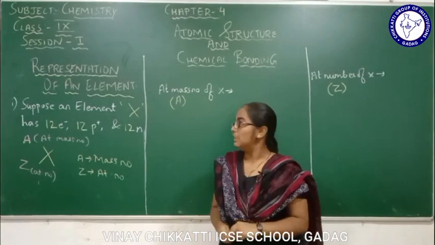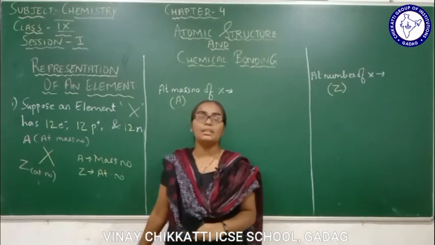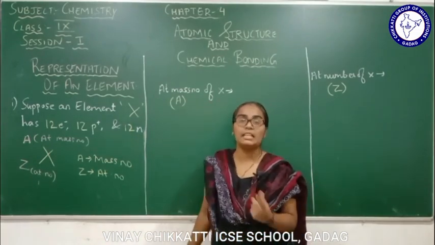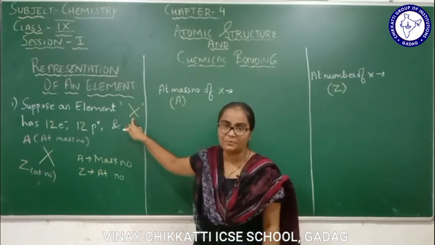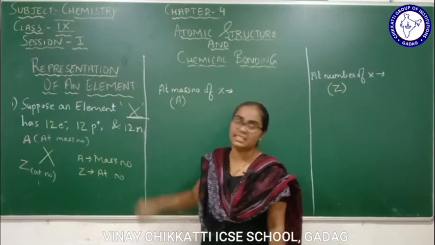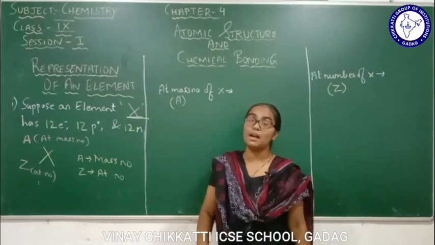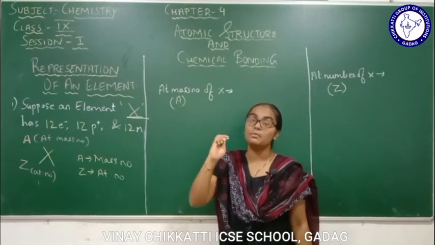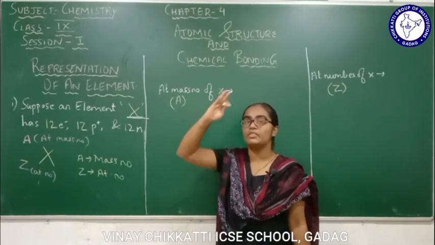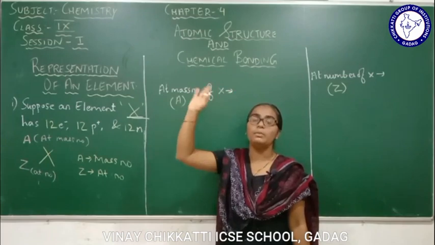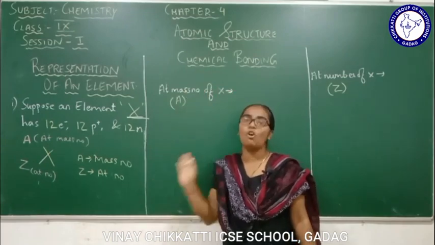That we cleared, right? Suppose an element is there, for example, I took X, consider this as an element. Now if I want to denote this element X with atomic mass number and atomic number, first the atomic mass number comes, second the atomic number comes. Fix in your mind, first atomic mass will be the first one, second is atomic number.